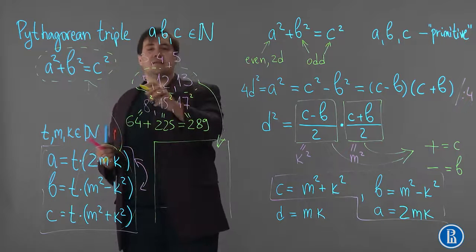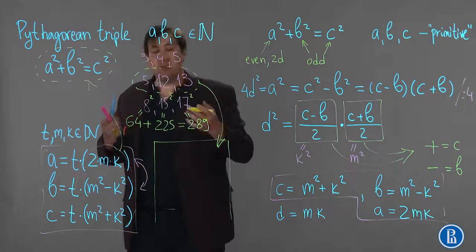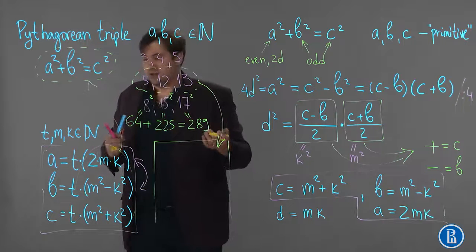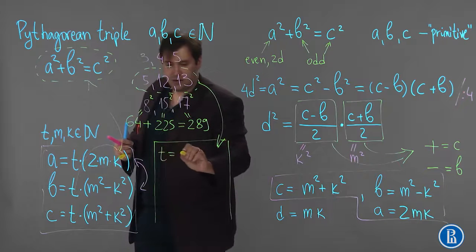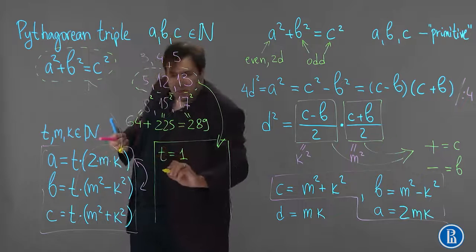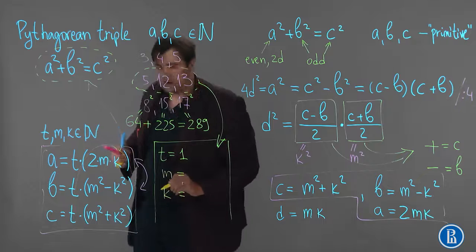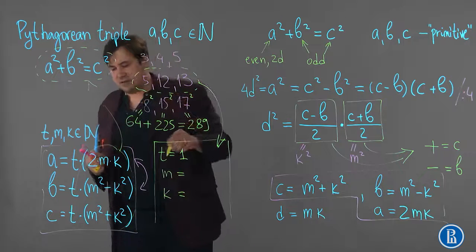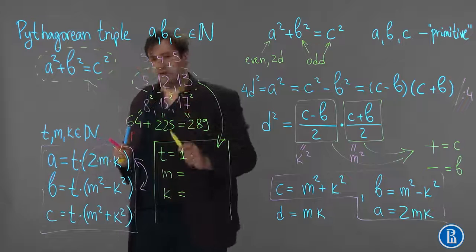Since 5, 12, and 13 are pairwise mutually prime, we understand that t should be equal to 1. And now we should choose m and k such that this formula gives us 5, 12, and 13.